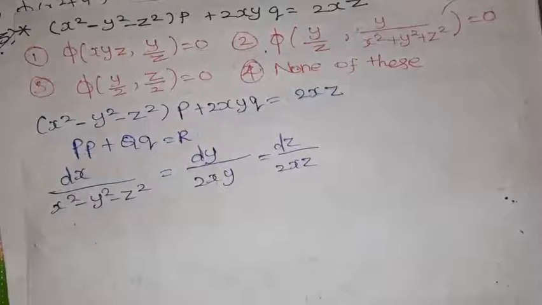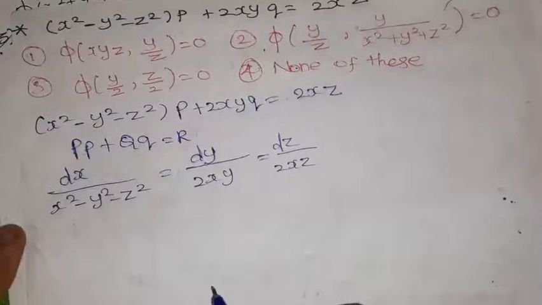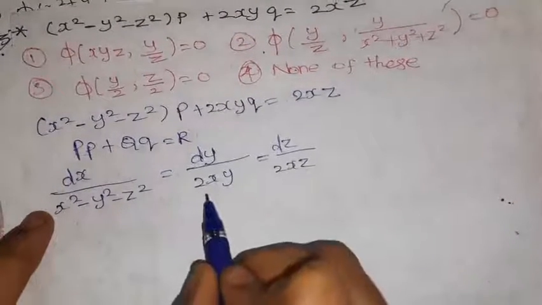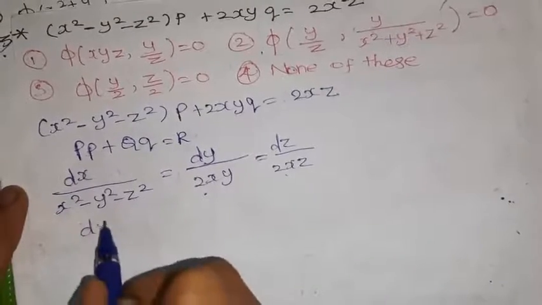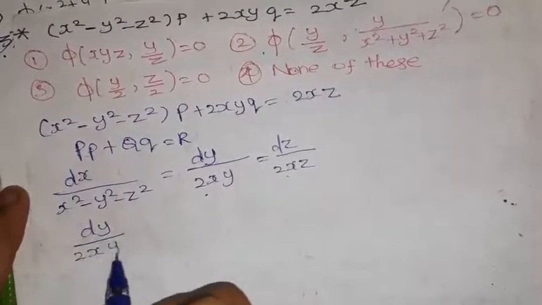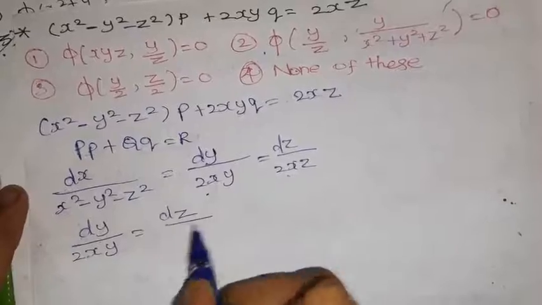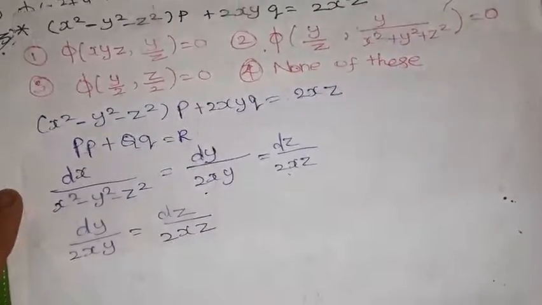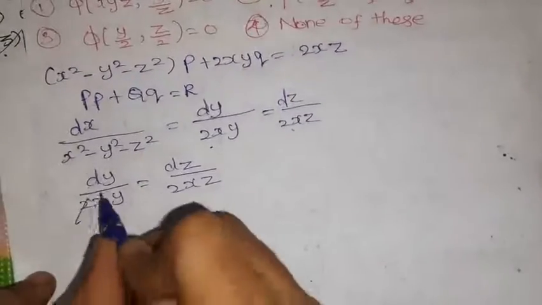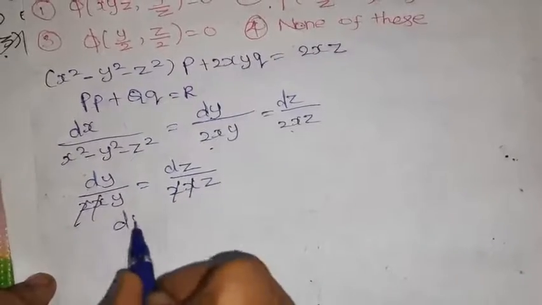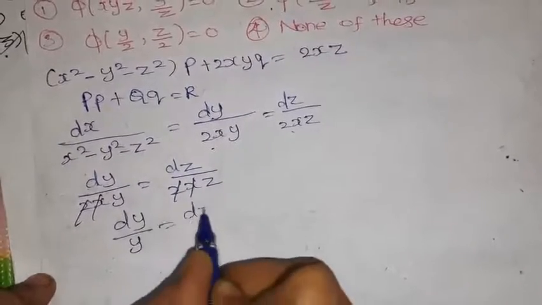Then we need to equate the second and third ratio, dy by 2xy equal to dz by 2xz. Equating these two ratios, what will we get? These will get cancelled, so dy by y equals dz by z.